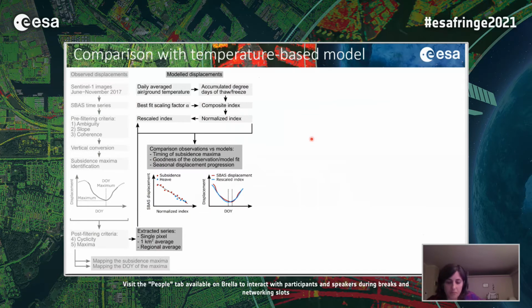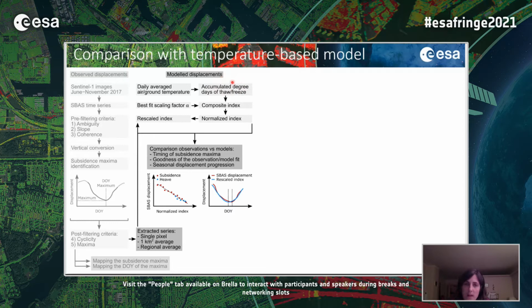And for that, we compare the InSAR observation with a model based on temperature. This is a pretty simple model based on the Stefan equation. So the Stefan equation is a model that represents the progression of the thawing and freezing front into the ground, based mostly only on accumulated degree days of thaw and freeze from temperature records.